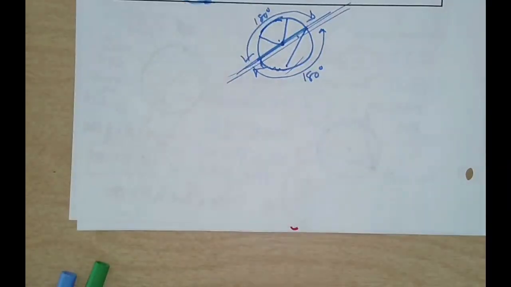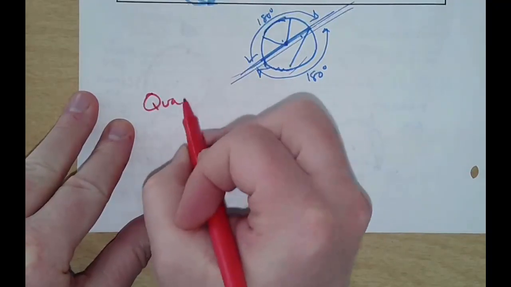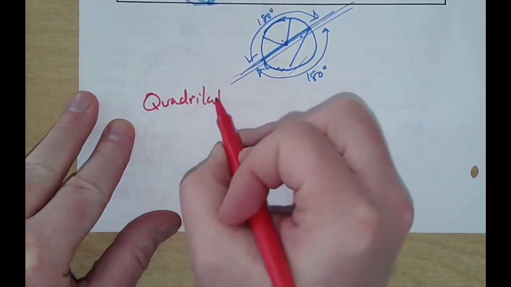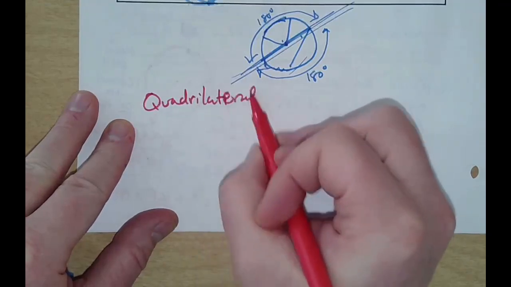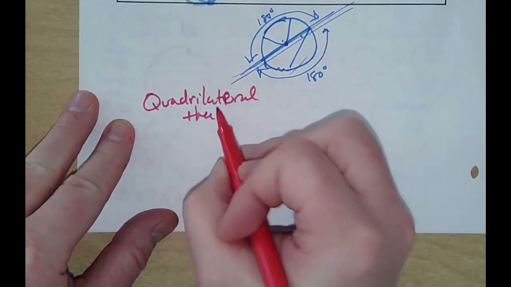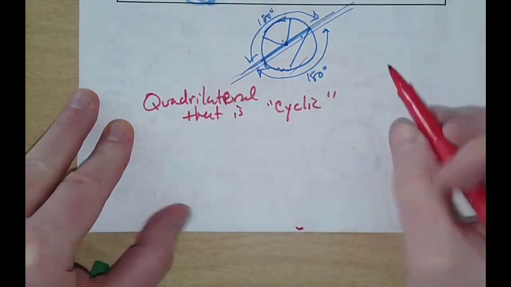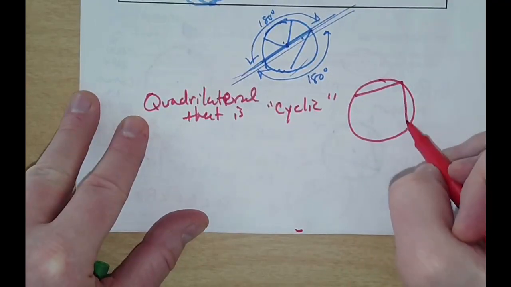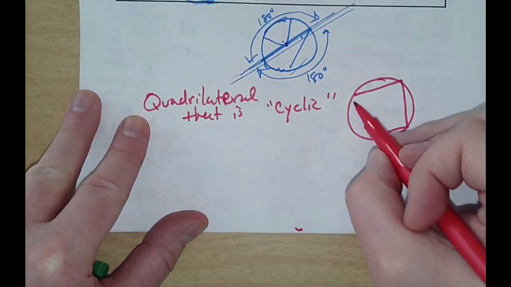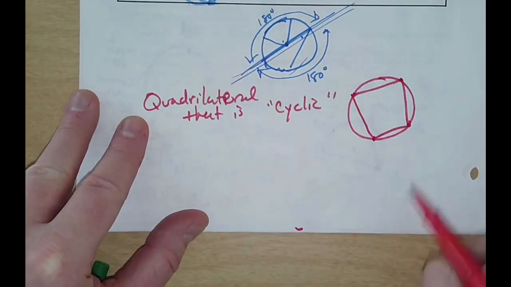The only thing I would say is on the summary on the previous page, a quadrilateral that is cyclic has to have 4 sides, and all 4 corners touch the circle.